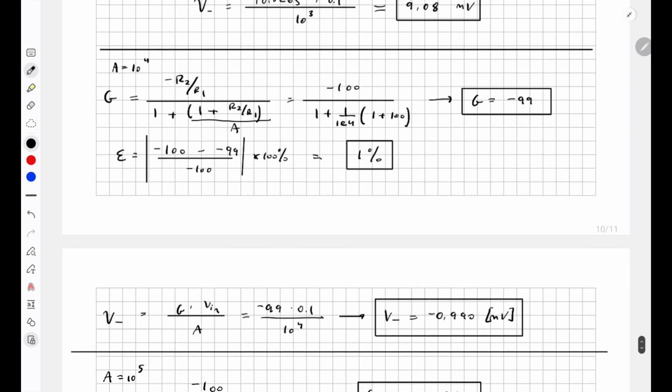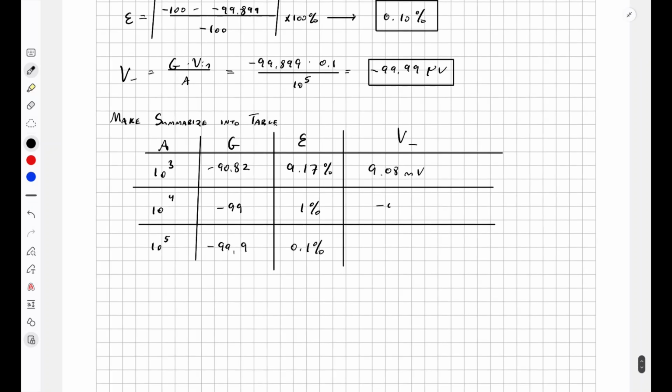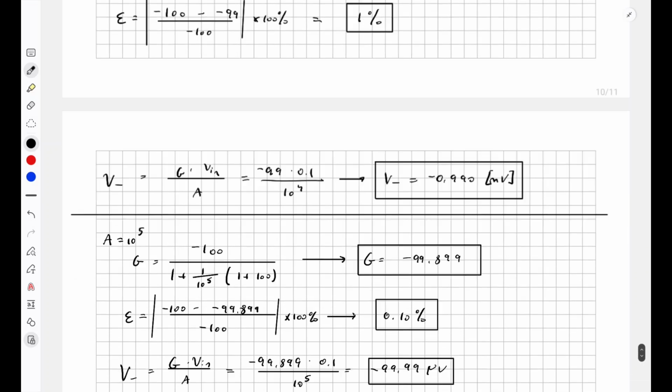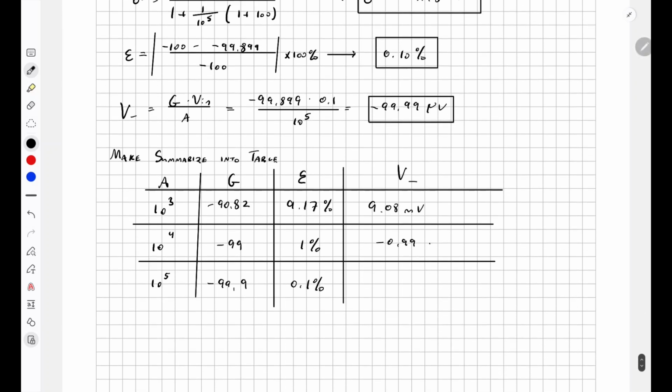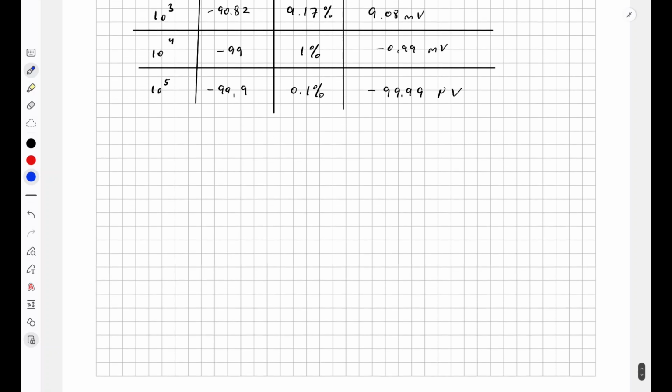In the second case it was negative 0.9 milli. And in the third case it was negative 99.99 micro. So let's make some observations here.